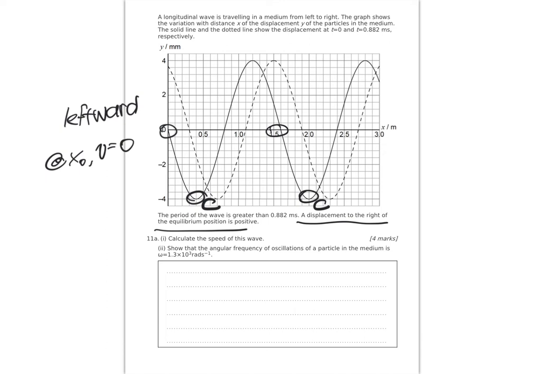But right after that, as we leave the compression and head towards rarefaction, at those points there, the particle is moving into the positive displacement, kind of going up into the positive displacements.